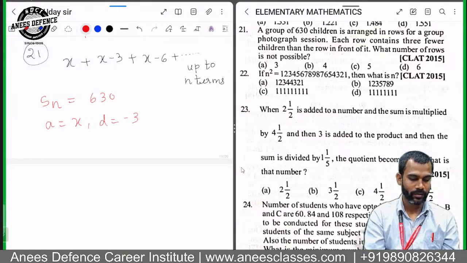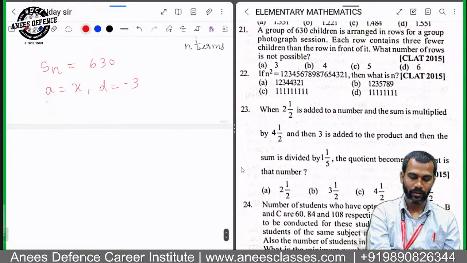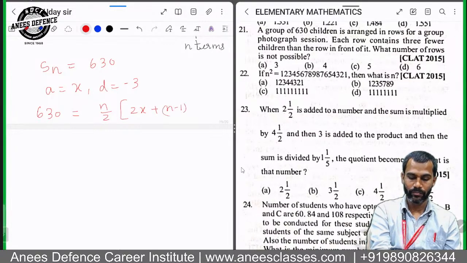So apply the formula. 630 is equal to n by 2 into 2a, which is 2x, plus n minus 1 into minus 3.